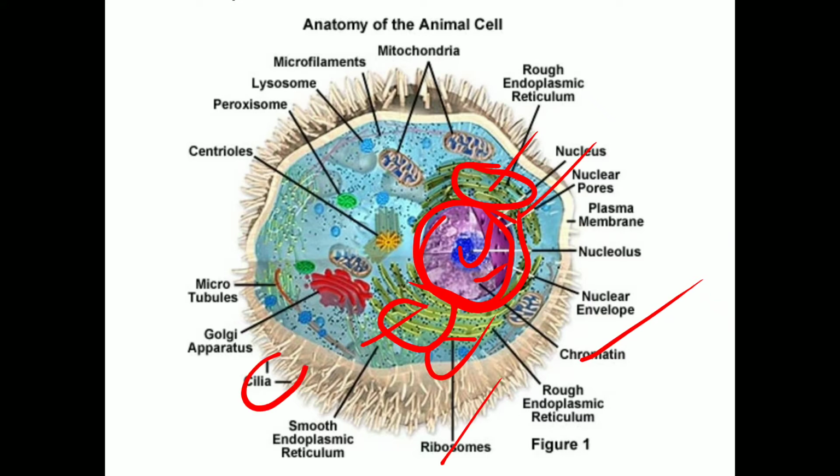Then here cilia. Here Golgi apparatus. Here microtubules. Here centrioles. Here peroxisomes. Here lysosomes. And then here microfilaments. Then mitochondria here.